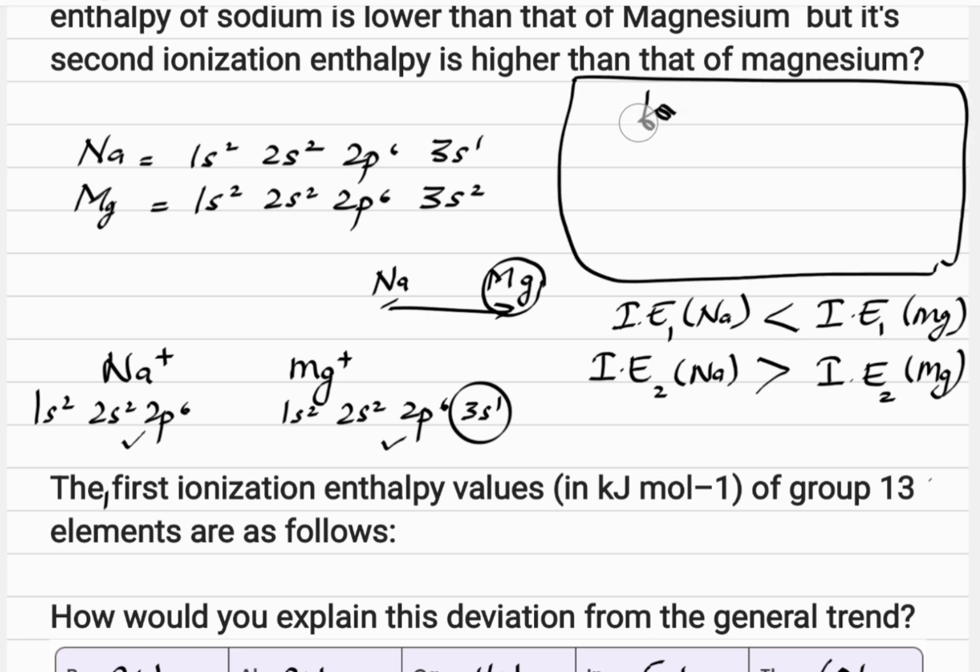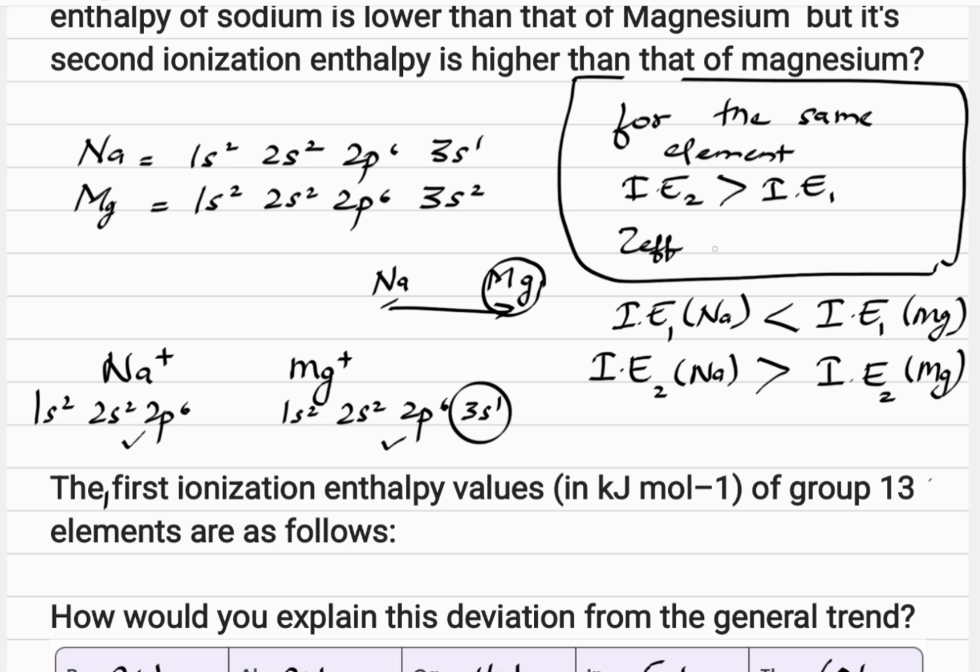For the same element, the second ionization energy would always be higher than first ionization energy, because after losing one electron, the atom has now become a positive ion. That means Z effective has increased.